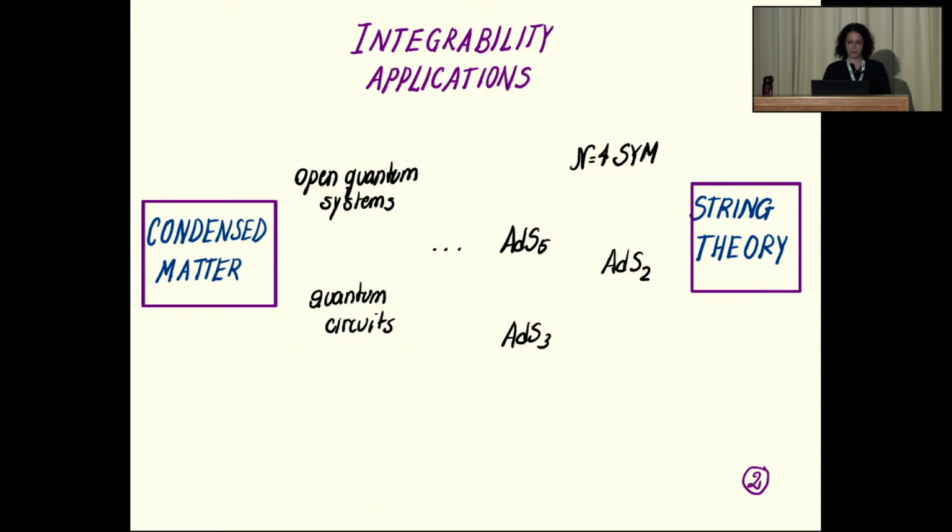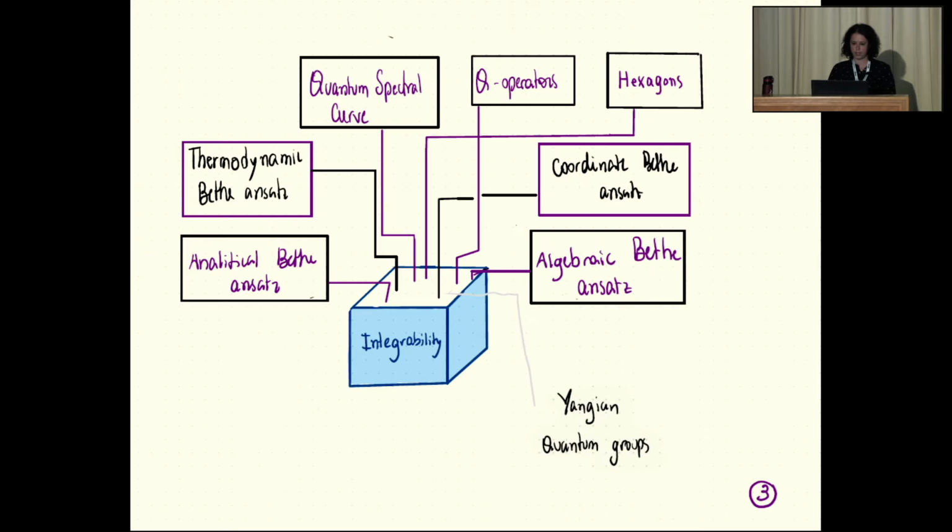And we have this huge box of tools that integrability provides, and in recent years this box of tools has been increasing as well. Like we now have the quantum spectral curve, hexagons, many nice techniques that we can apply to integrable models.